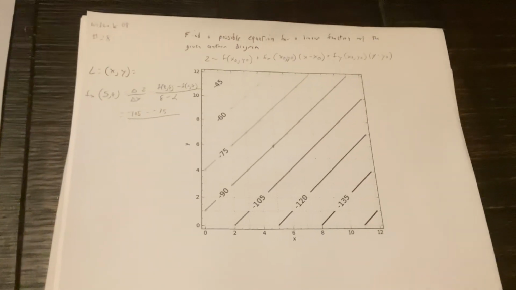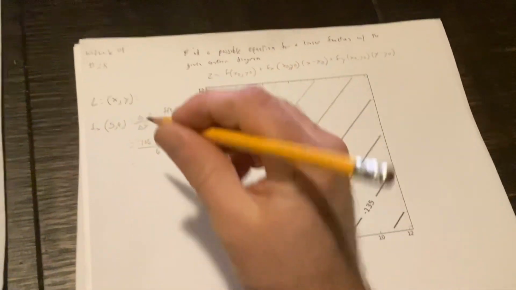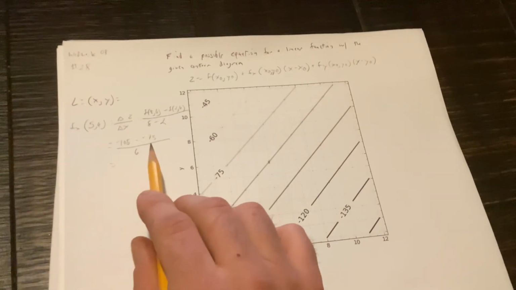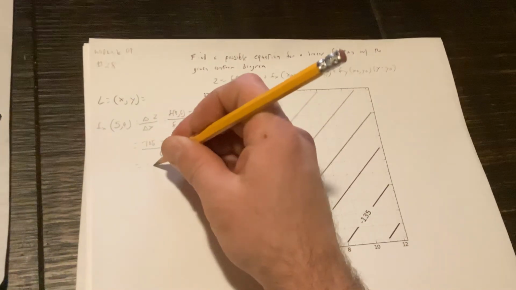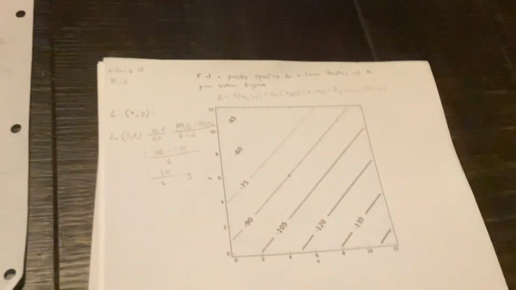And then my change in x, 8 minus 2, is 6. So that gives me negative 105 minus negative 75, which gives you negative 30, divided by 6 gives you negative 5.